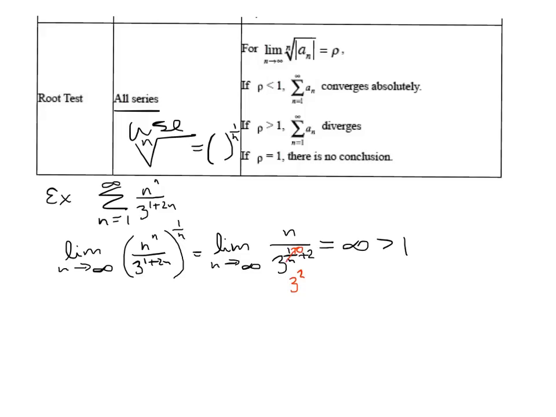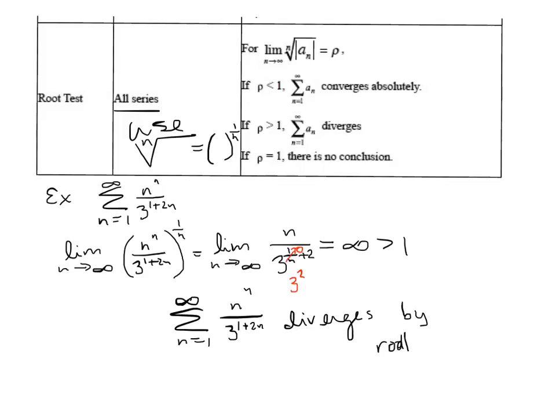Infinity is bigger than 1, and if it's bigger than 1, then the original sum of n to the n, all over 3 to the 1 plus 2n, diverges. It diverges by the root test. Let's look at one more example, but notice that the reason I used the test here was these raised to the n's powers.